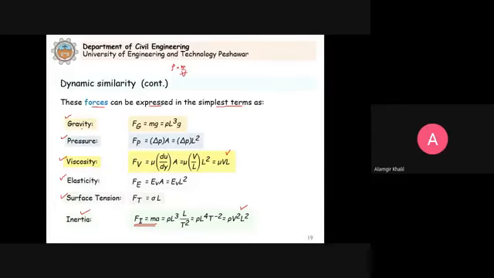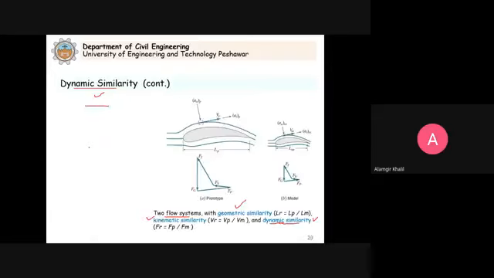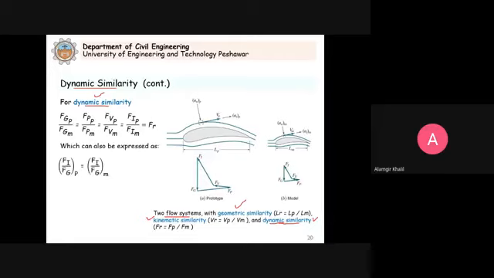That's why I say that in general, we discuss these forces. We have to determine what forces are significant in a given fluid mechanics problem. It is not that in every problem we have to consider all these forces as significant. This is important. So now let's say we consider these four forces. Now what we can do here is express these as force of inertia divided by force of gravity for the prototype is equal to force of inertia divided by force of gravity for the model.